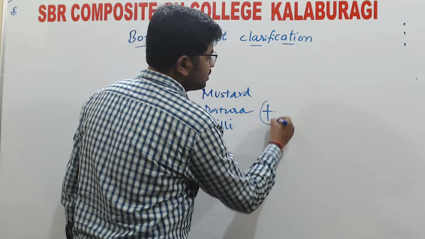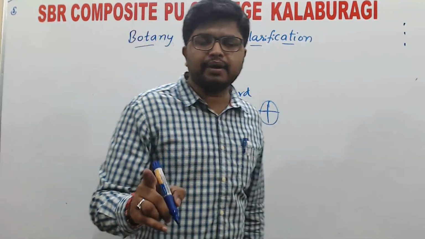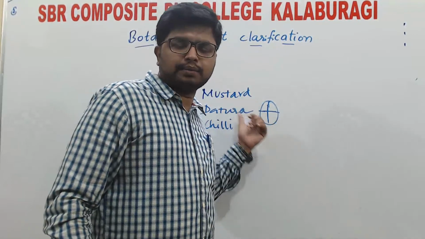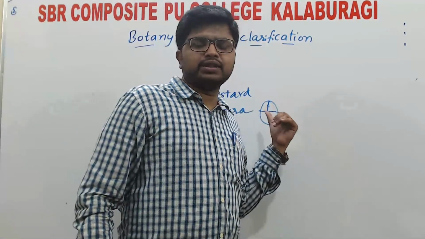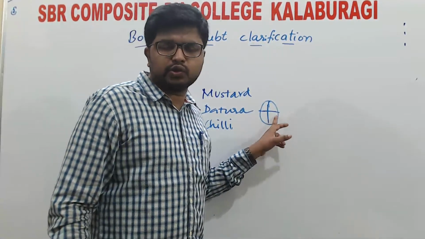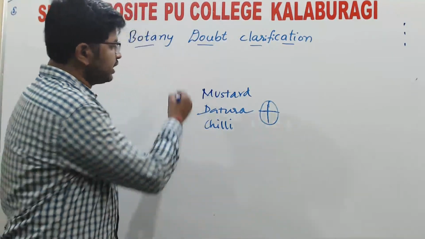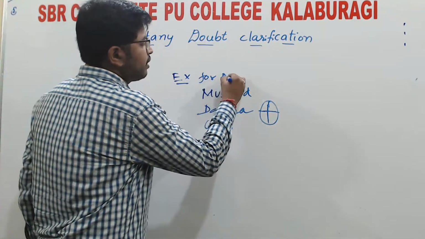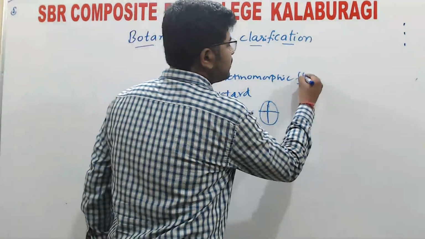This is the symbol generally used to represent the actinomorphic condition. When I explain the floral diagram and floral formula, I'll explain the symbols related to each of them. For now, you need not worry. So mustard, datura, and chili are examples for actinomorphic flowers.